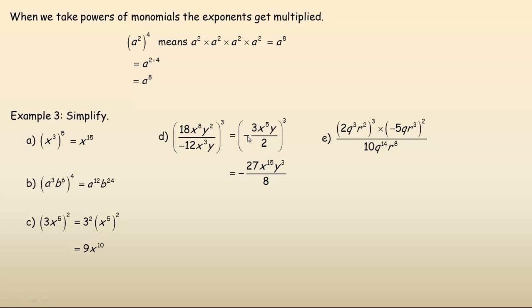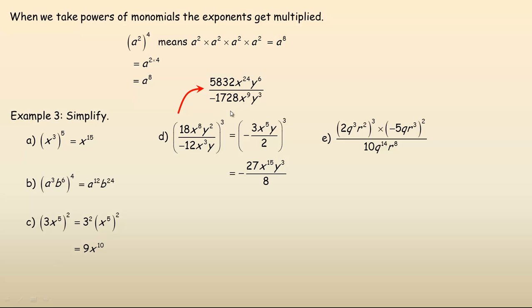Now, if you didn't do the simplifying, then you could actually cube all this and cube all this. It's a big number. 18 cubed is 5,832. 8 times 3 is 24. 2 times 3 is 6. If we cube negative 12, negative 12 times negative 12 times negative 12 is negative 1,728.